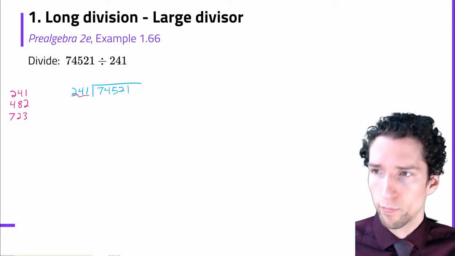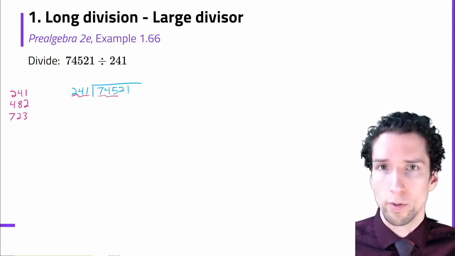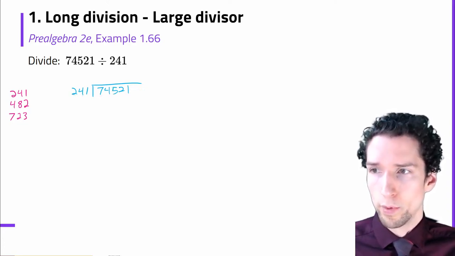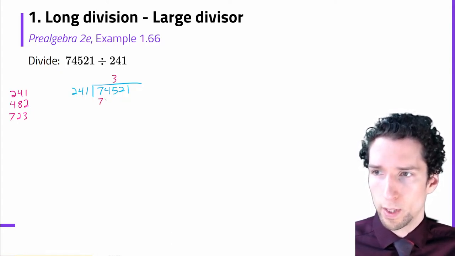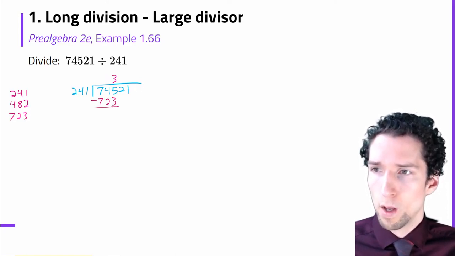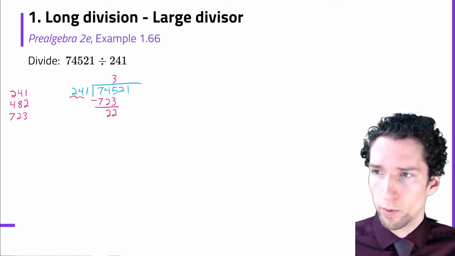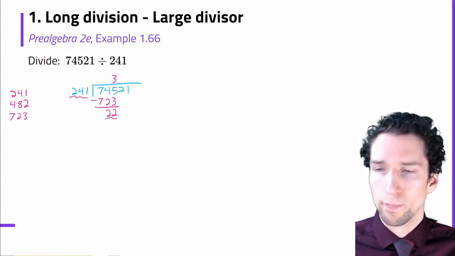So 241 goes into 745 3 times. Okay, and that gives us 723 here. So subtract that, and that will leave us with 22. Okay, so now 241 into 22, that doesn't work.